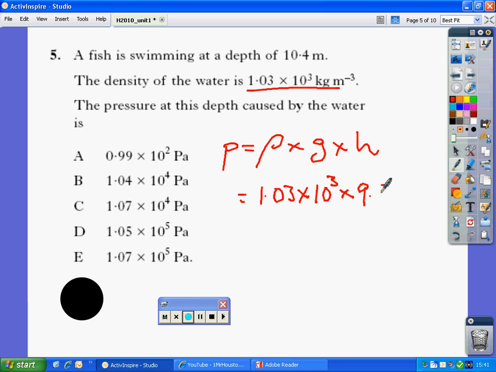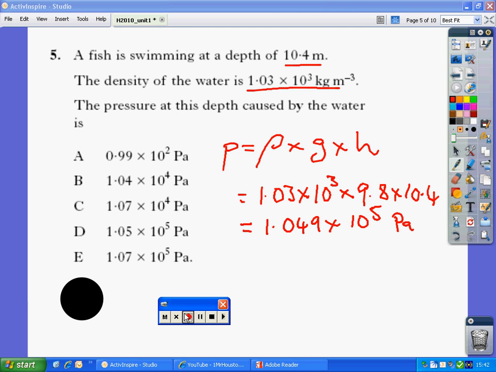Gravity 9.8, and the depth is 10.4. If you multiply all of that out, you get an answer of 1.049 times 10 to the power of 5. The value that agrees with our answer is this one here. D is the correct answer.